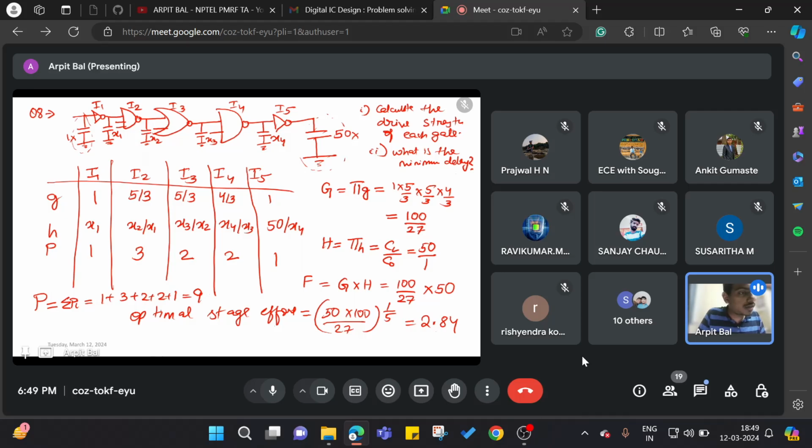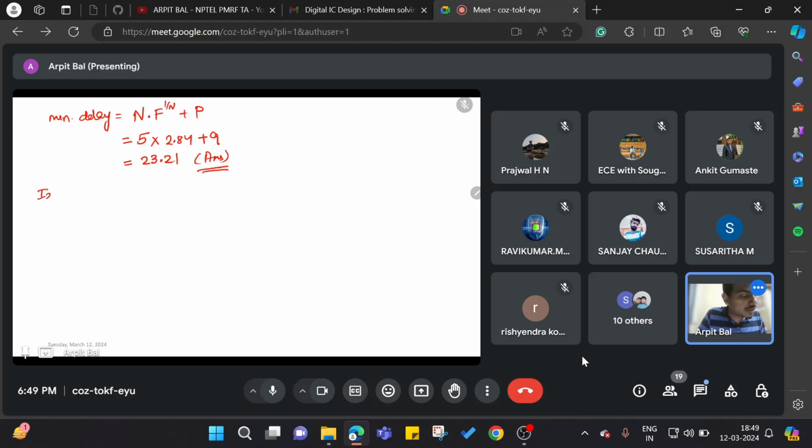So let me try to do this for I2, let's say. I2 parasitic delay. I2 was a NAND 3, so it means we will have 3 PMOS in parallel and 3 NMOS in series. Before sizing it will be 1, 1, 1 and 2, 2, 2.